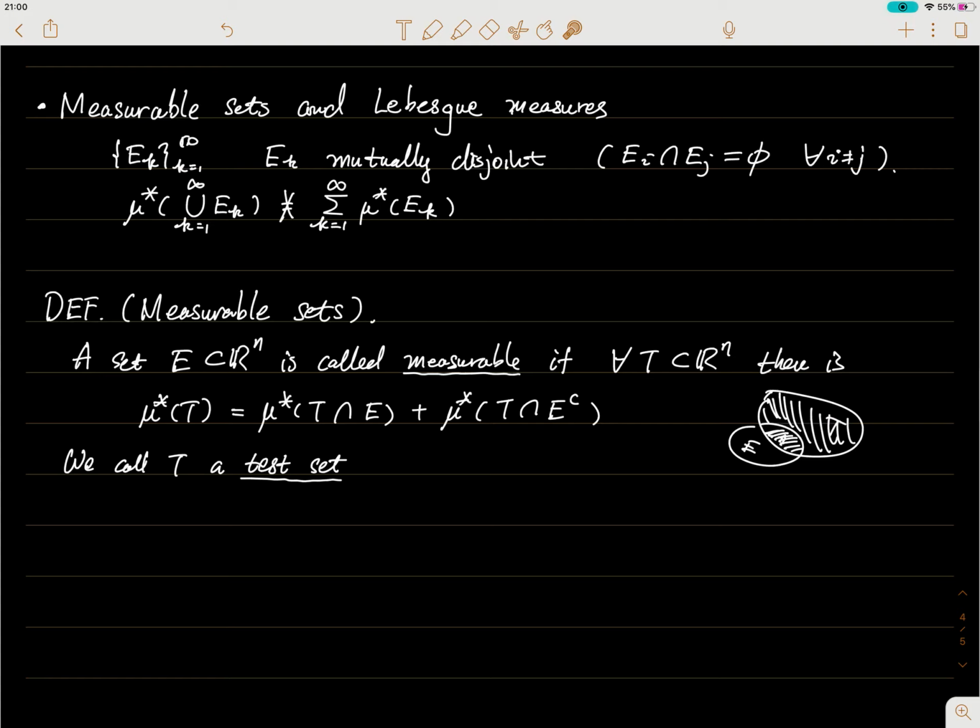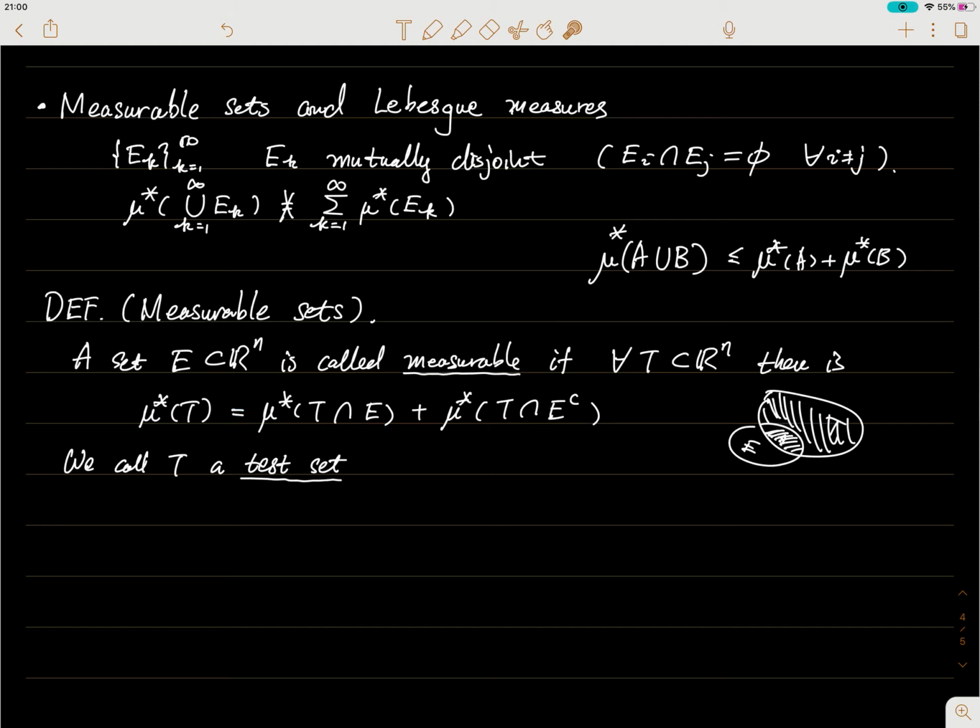Actually, due to the property of outer measure we showed before, if you have two sets A and B, then the union of the two has an outer measure less than or equal to the sum of the outer measures of each of them. Because of this, we always have this side less than or equal to this, because T can always be written as the union of these two, right? So the left-hand side is always less than or equal to the right-hand side.